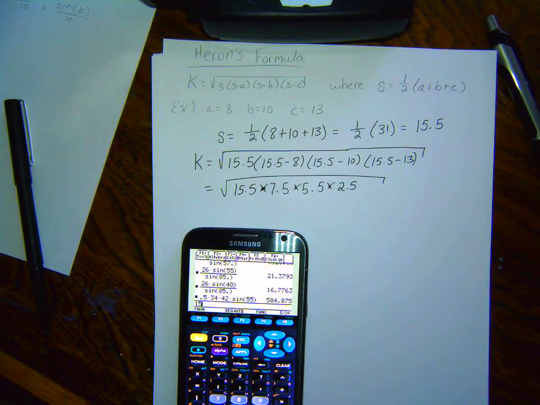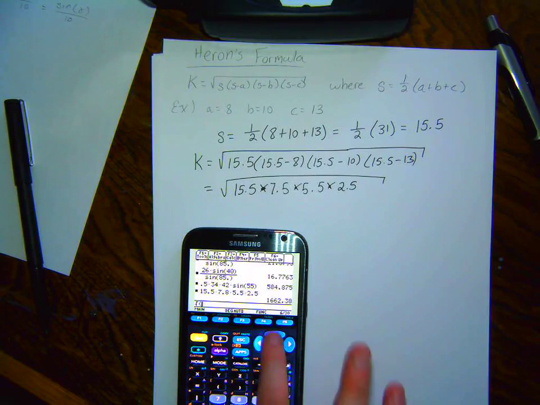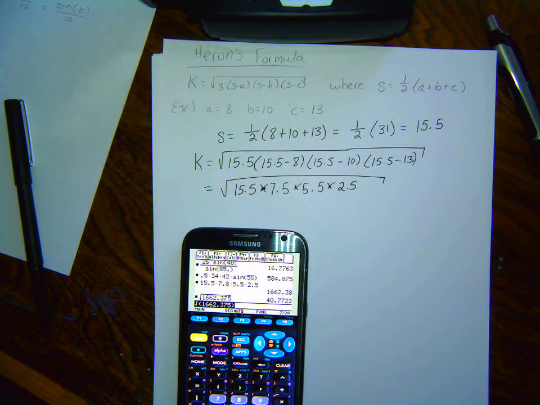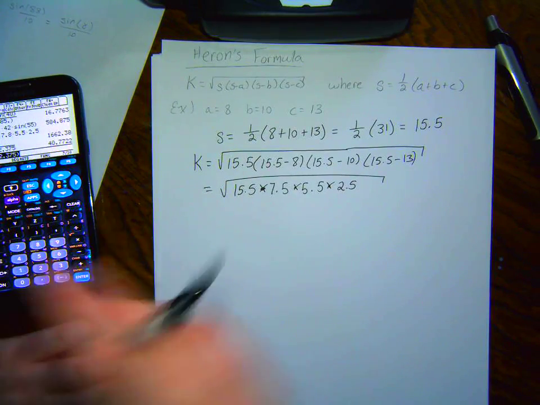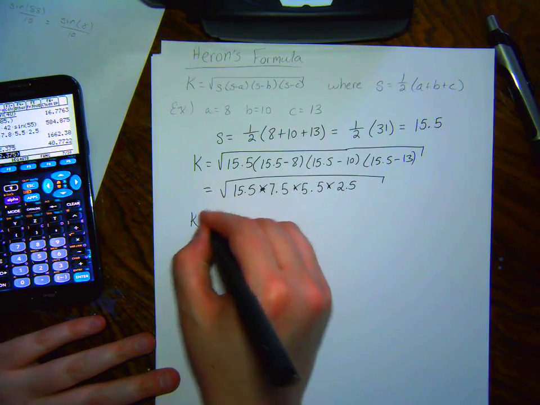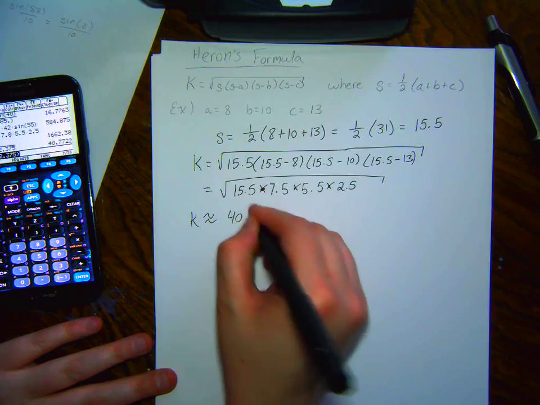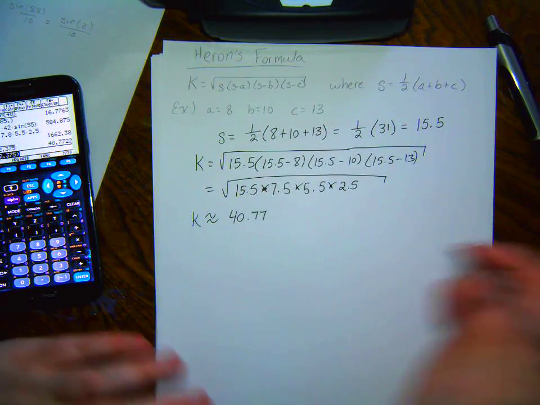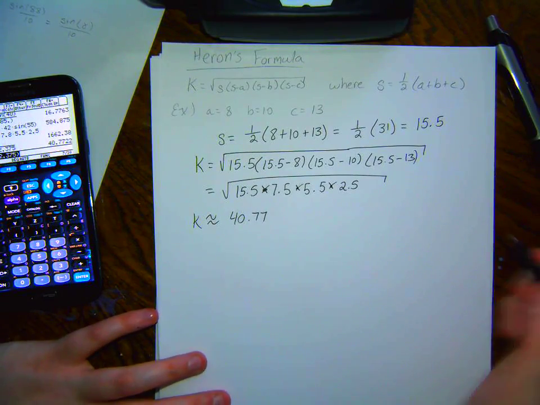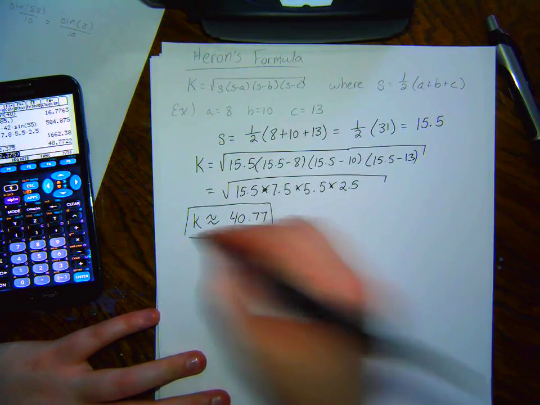We're going to do 15.5 times 7.5 times 5.5 times 2.5. Take the square root of that. And we're going to get 40.77. So I'm going to get that K is about 40.77. Okay, so that is good.